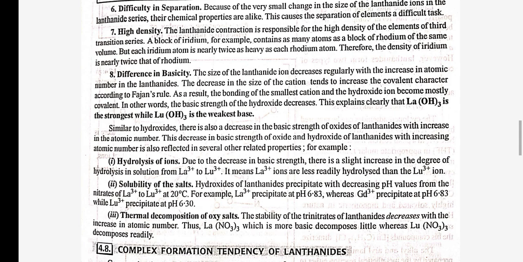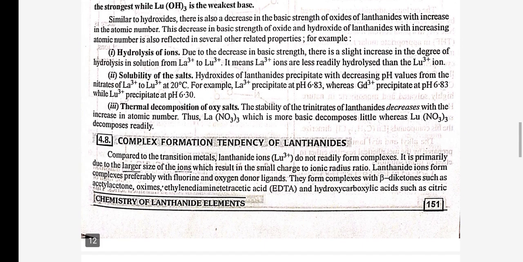For example, lanthanum 3+ ions precipitate at pH 7.82, whereas gadolinium 3+ precipitates at pH 6.83, while lutetium 3+ precipitates at pH 6.30.